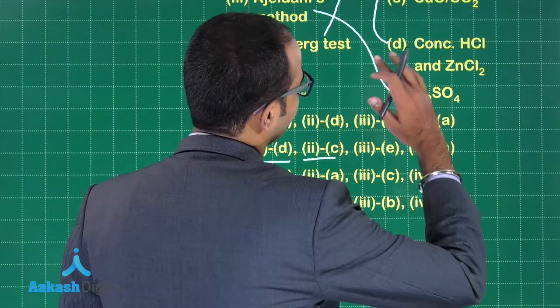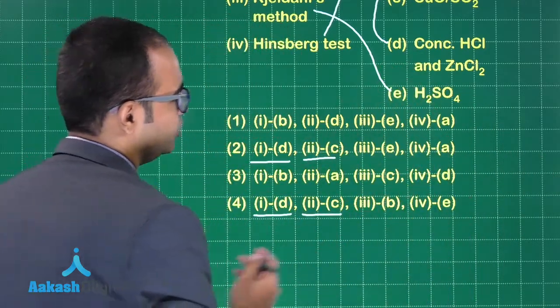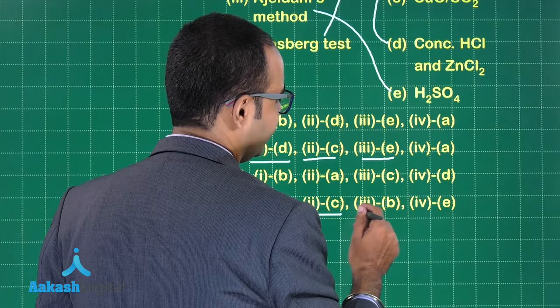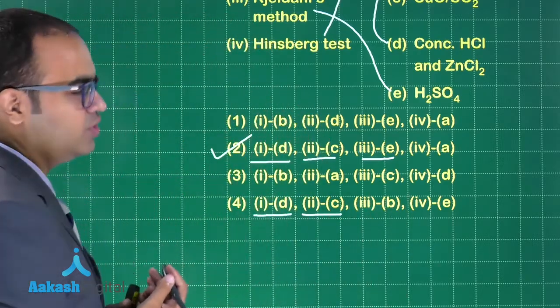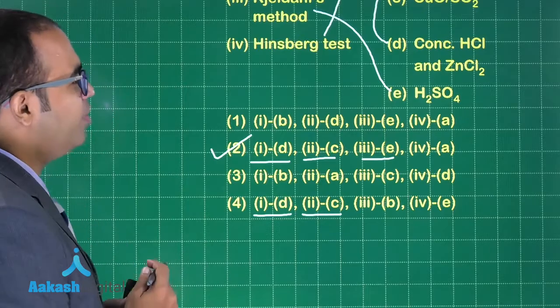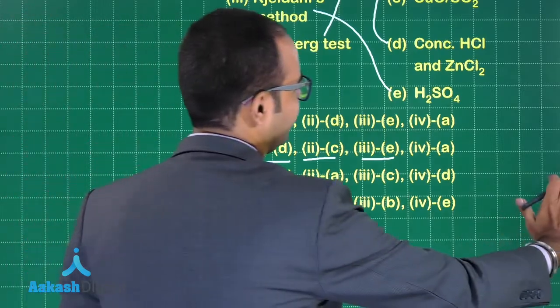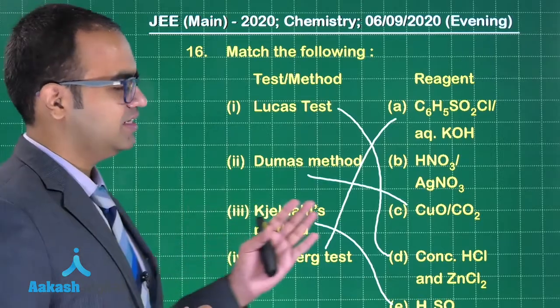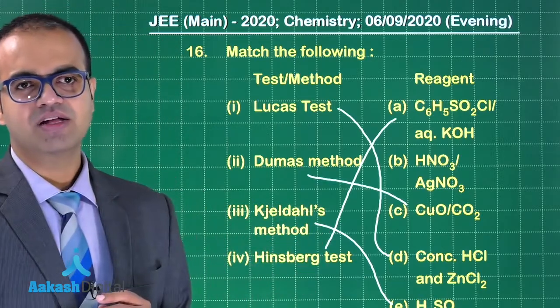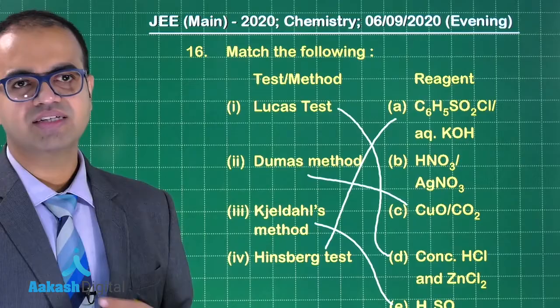Okay. 3 is E. So here 3 is E. Here 3 is not E. So the answer is option 2, guys. Okay. So I hope you have understood this. A very simple question. You should have very good knowledge about all the methods. Then you can do it very easily. Let us solve question number 17, guys.